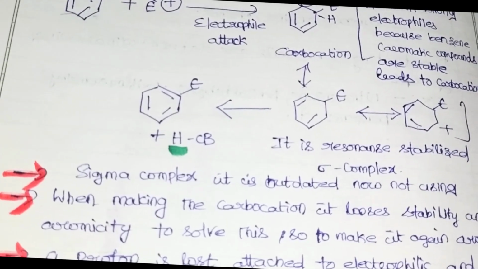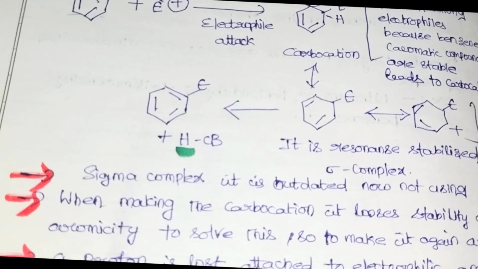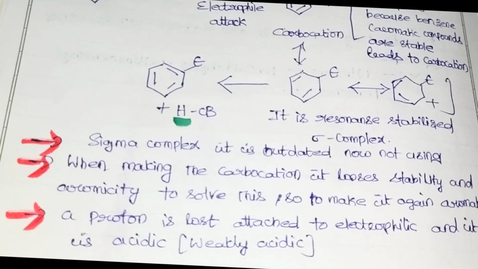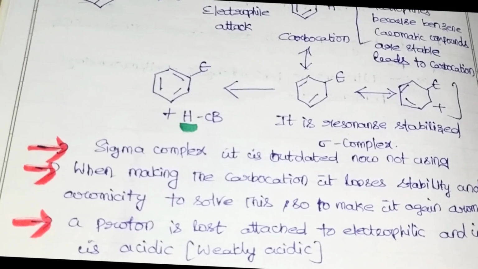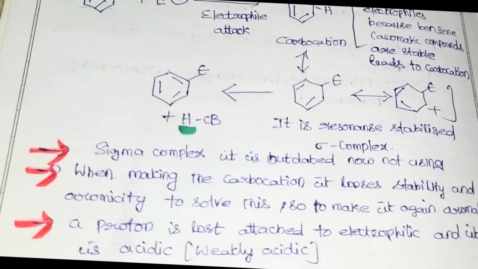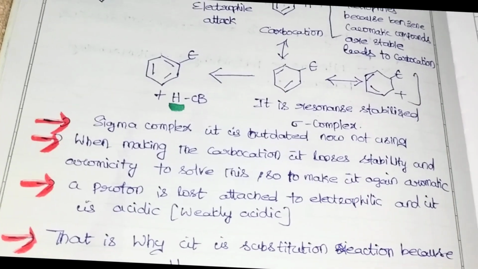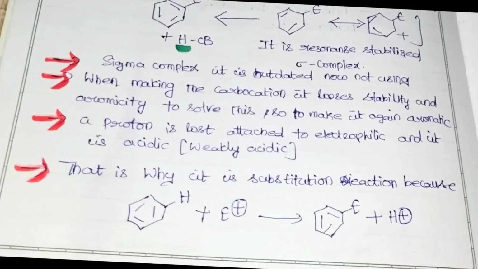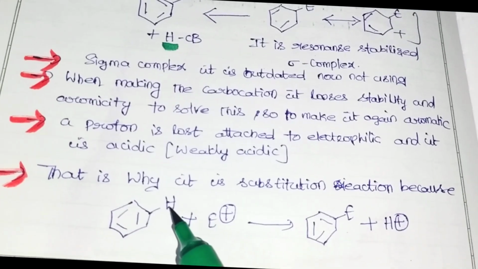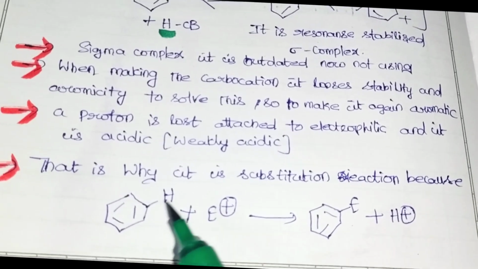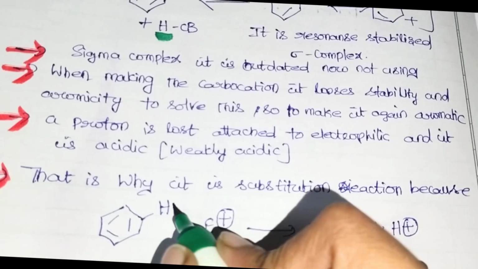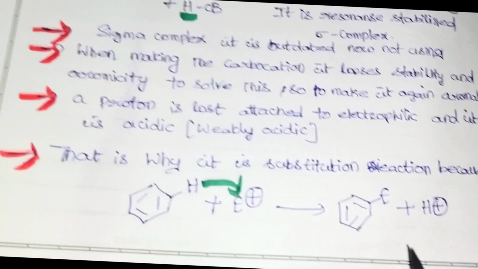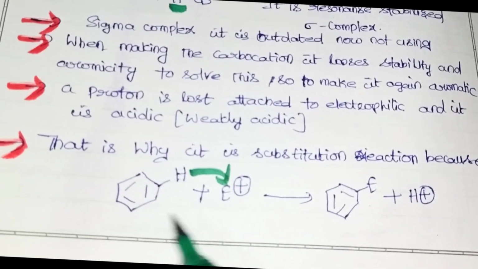To make it aromatic again, it will lose a proton attached to the same carbon as the electrophile, and this proton is acidic, or weakly acidic, we can say. That is why it is a substitution reaction. Simply, one hydrogen attached to the benzene ring is substituted with the electrophile. So it is an electrophilic aromatic substitution reaction.